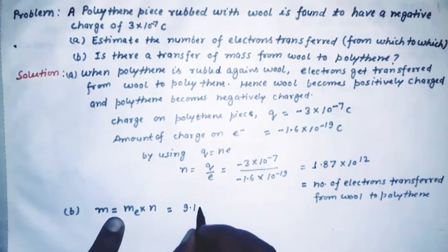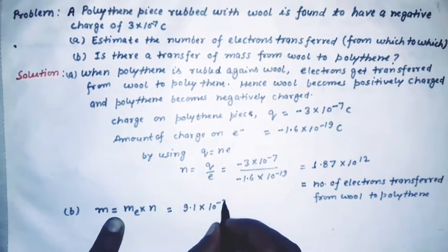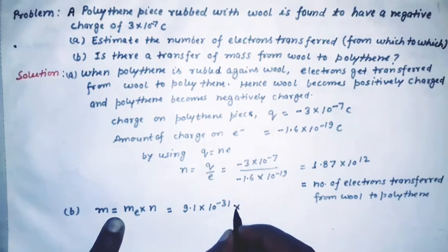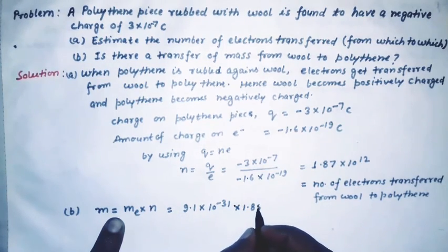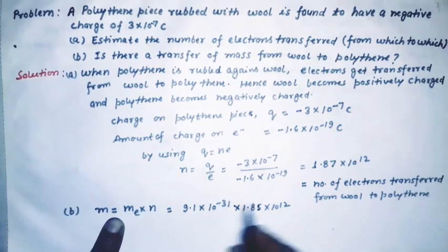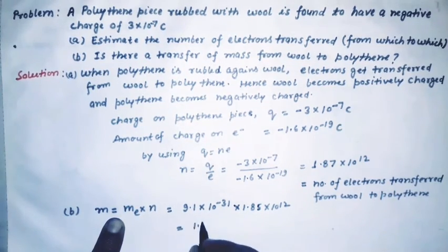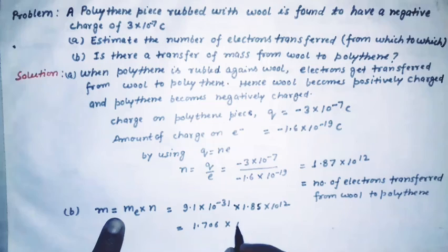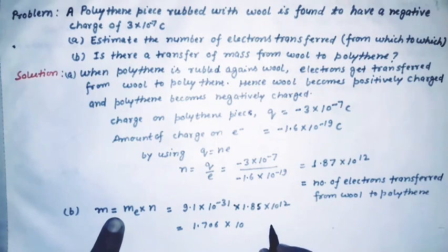So simply put down the value. This will be 9.1 into 10 to the power minus 31 into 1.85 into 10 to the power 12. Calculating this value, we will get 1.706 into 10 to the power minus 18 kilogram.